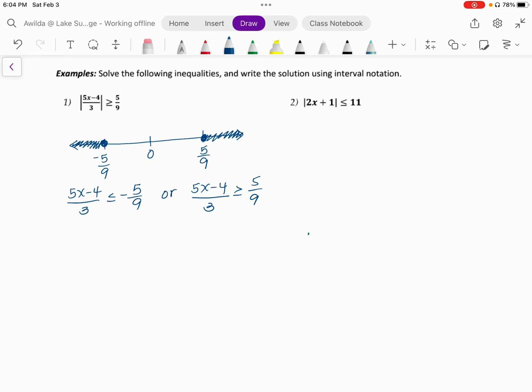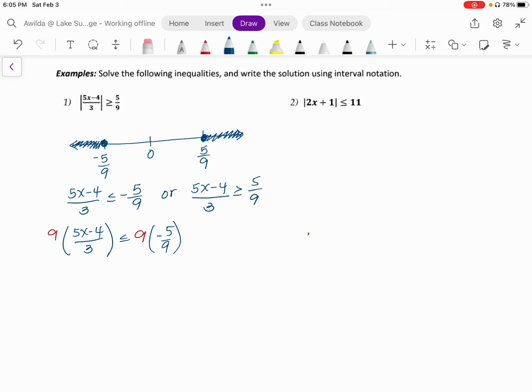So in the first inequality, we can multiply both sides by 9 to eliminate the two denominators. So if we multiply both sides by 9, then we have 9 times 5x minus 4 over 3 is less than or equal to 9 times negative 5 over 9.